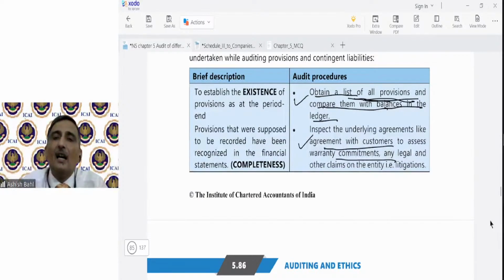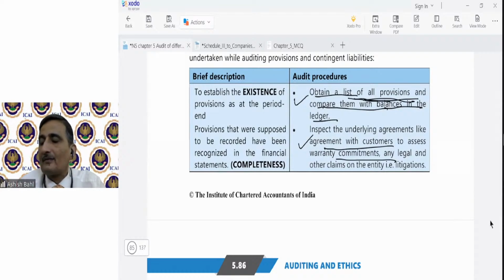Inspect the underlying agreements, like agreements with customers to assess warranty commitments. Say if the company has made provisions on account of warranty obligations, then an auditor may check agreements with the customers to see whether these bind the company, and what is the purpose.